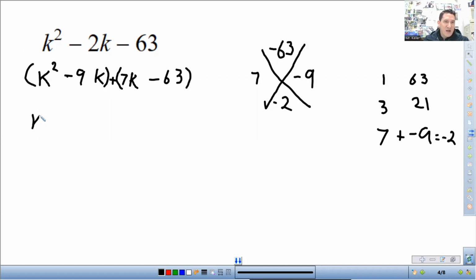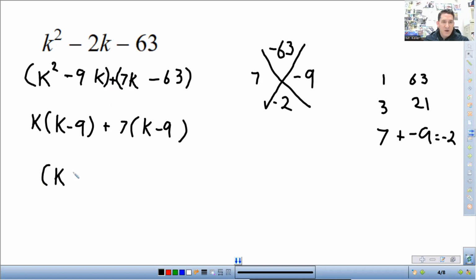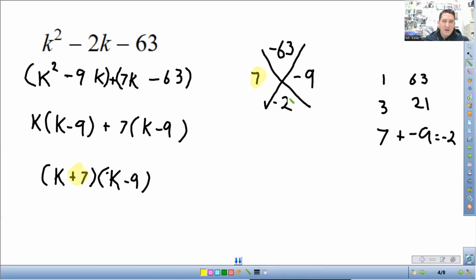I can factor out a k here on the first one. So that's going to be k minus 9. I can factor out a 7 here. And then k minus 9. Then group the outside terms together. And then we have the k minus 9. Again, take a look at the pattern that's going on here. Positive 7, minus 9.